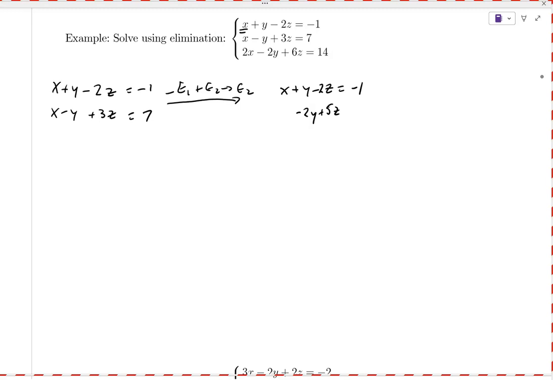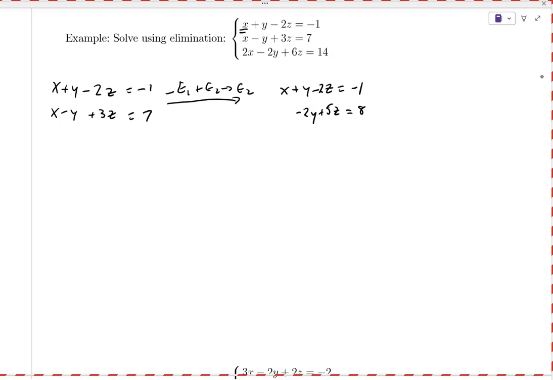And then -1 times -1 is +1, plus the 7 gives us 8. So again, I'm doing it all in one step, not changing the first equation. But I am doing -1 times each of those and adding it to each of those for the next equation. Does that make sense?